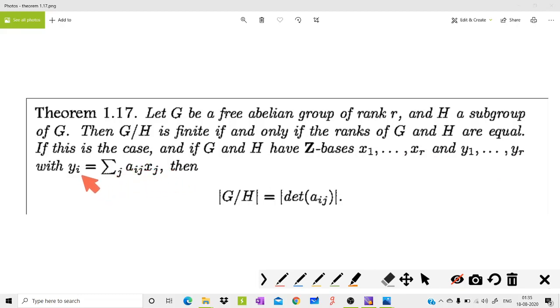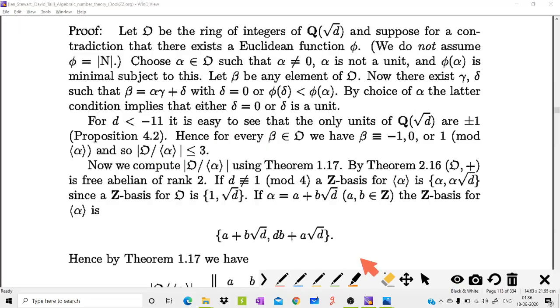So using this idea you can get a basis for the ideal generated by alpha using the basis of Q of root d. It is obvious that the basis of Q of root d is 1 comma root d. One thing you should remember is that here we have G as O. So first we will write the basis for O, and using that basis we will write the basis for the ideal generated by alpha. This is the way we apply this theorem to our present theorem.